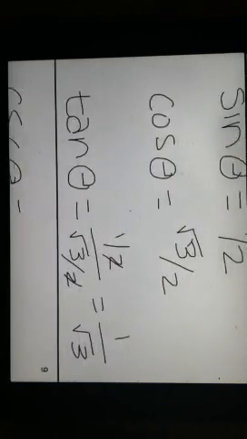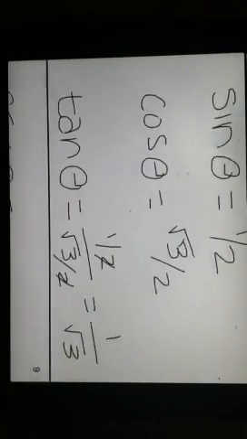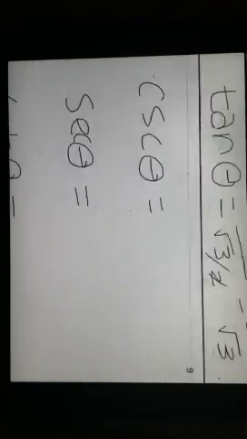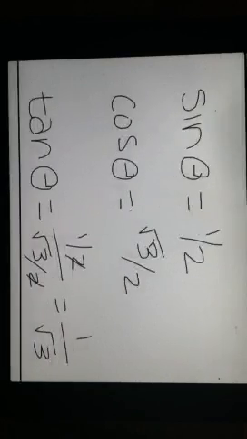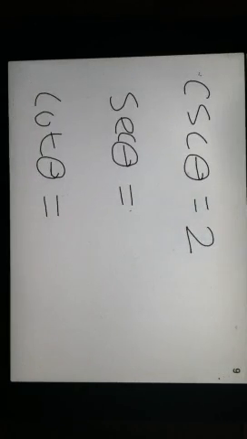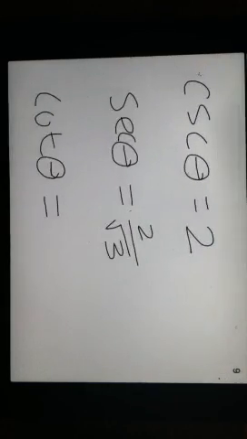So up here we can see that sine theta is 1/2, and that must mean that this must be 2, because that inverted is just 2. Then secant would be 2 over root 3, and then cotangent would just be tangent flipped, so root 3 over 1.